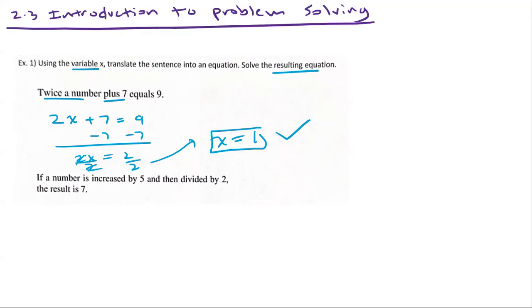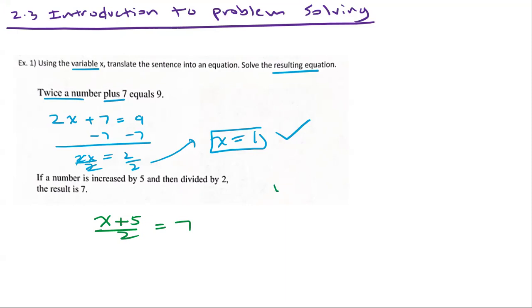All right, for the second one here, we have a number is increased by 5 and then divided by 2, the result is 7. So a number x is increased by 5, then divided by 2 is equal to 7. Perfect. Now we can solve for x. There's a lot of ways to do this.